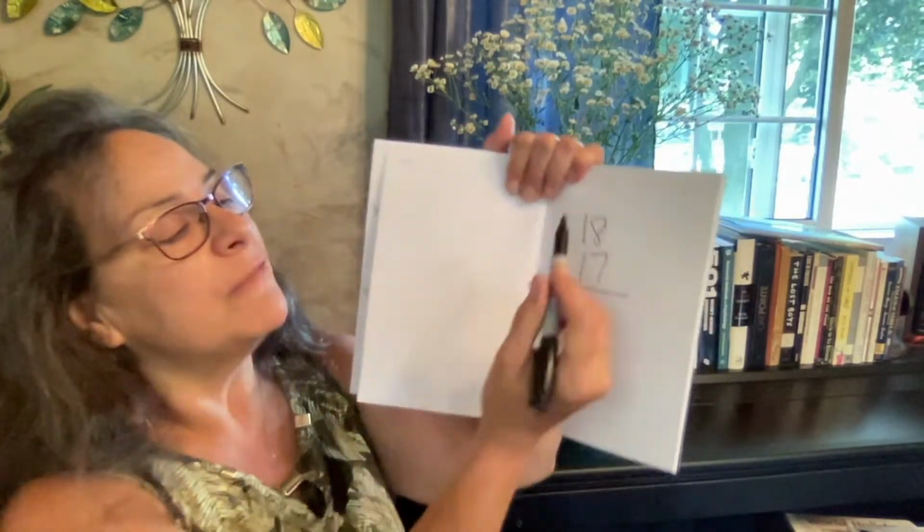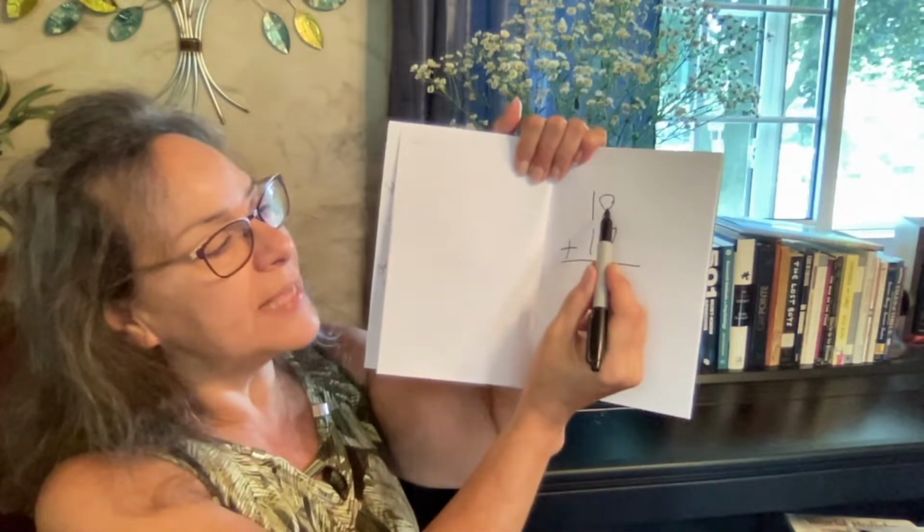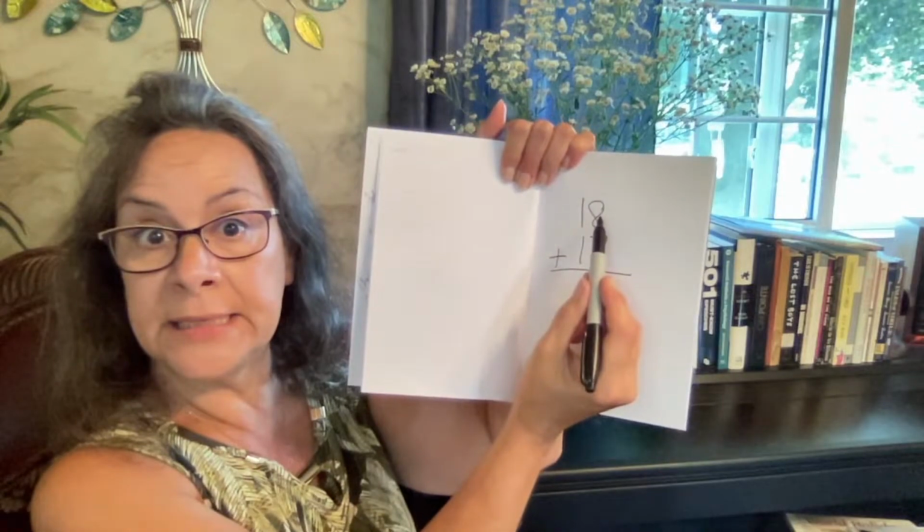But what happens when we have 7 plus 8 equals 15? Do we write the 15 down?